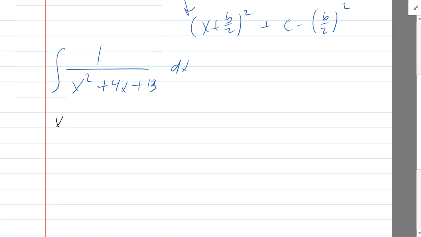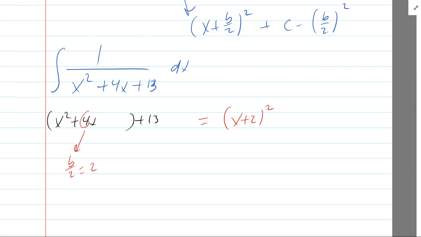So we're going to come down here and complete the square. I have x squared plus 4x, leave a space, plus 13. I'm going to take b. b over 2 is equal to what? 2. That means this is going to equal x plus 2 squared. That's what that 2 tells me.